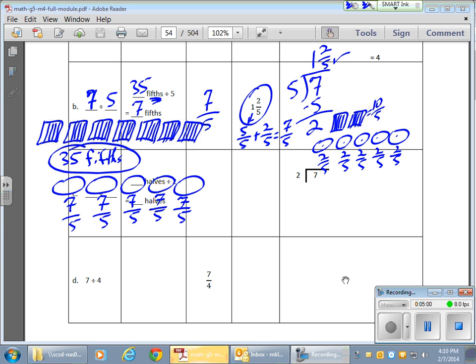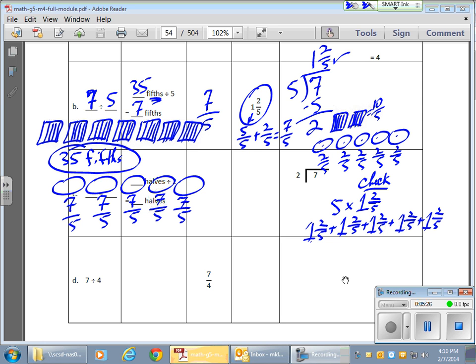Now for my check, I'm going to take 5, and I'm saying that I have 1 and 2/5 as my answer. There's my quotient. So I need 5 sets of 1 and 2/5. There's 1, there's 2, 3, 4, and there's 5.